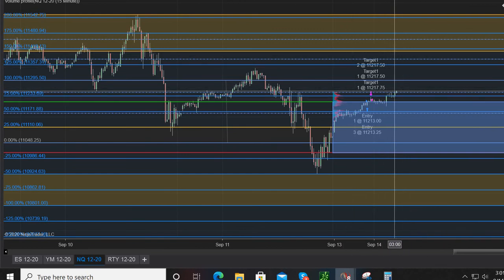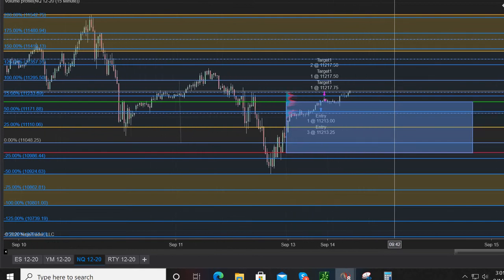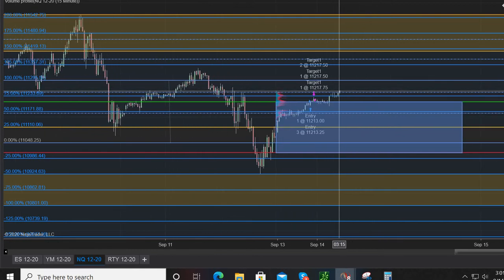Now, as for the case on the way down for NQ, for the NY session, again, be cognizant of the highs and lows put in during the Globex session.